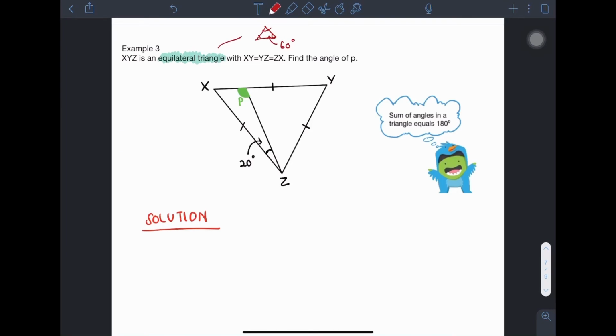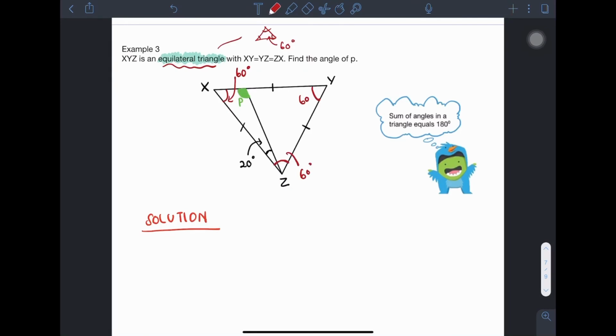Now, find the angle of P. What we know is that this angle is 60 degrees, correct? Because it is an equilateral triangle. So here is 60 degrees. Here is 60 degrees as well. I mean both sides are 60 degrees.